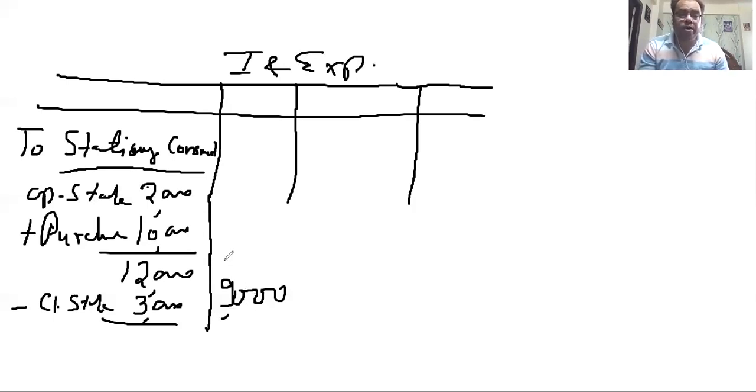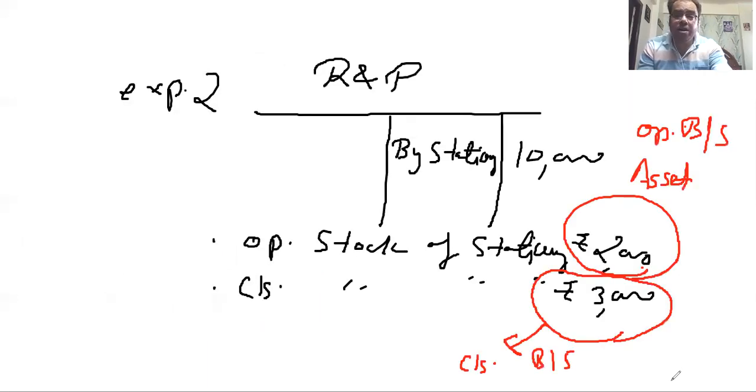And apart from that, what was the treatment? Since opening and closing stock is maintained, this opening 2,000, where will we show it? In the opening balance sheet on the asset side, and this closing stock of stationery in the closing balance sheet. So this will be the treatment of stationery consumed.